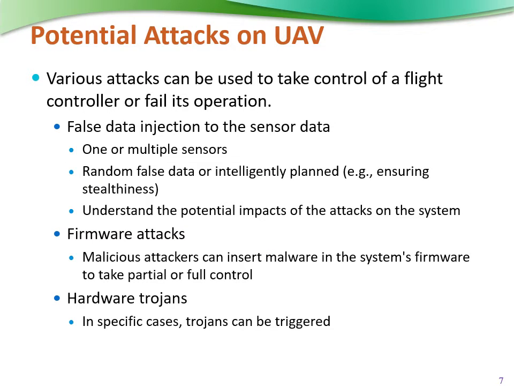Here we list various types of attacks on UAVs. The first kind is false data injection into the sensor data, like in any other sensor data-based closed-loop control. An attacker can change one or multiple measurements, and it can be random or intelligently planned.